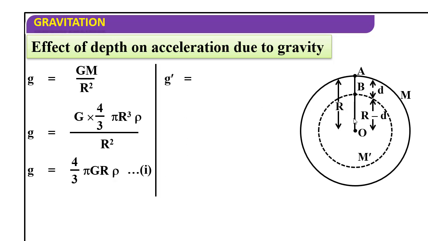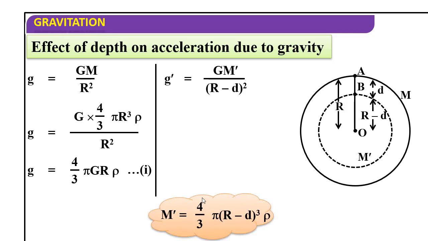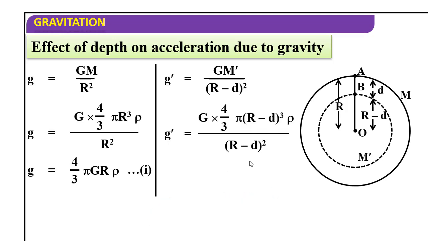Inside, g dash is GM dash by R minus d whole square, where M dash is 4 by 3 pi R minus d whole cube rho. Substitute this value here, and combining these two equations you can get g dash by g, or else you can use these two equations also.